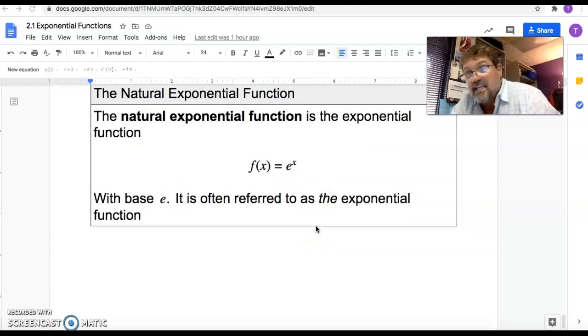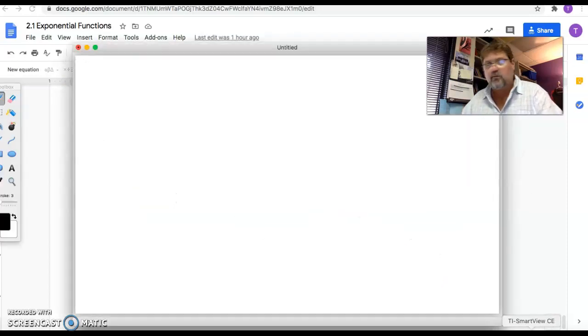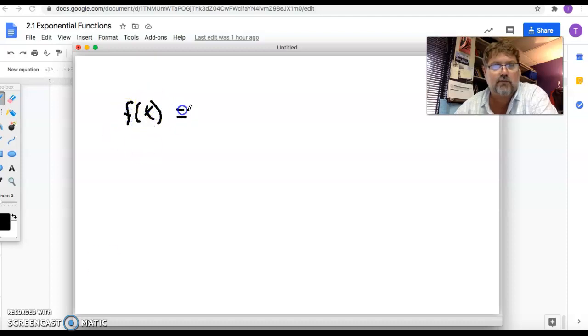All right, here's where this thing comes up, and we'll get to problems like this in another video. Here's one we'll run into that you don't have in a problem set right now. Let's write our function down. f of x equals e to the x.